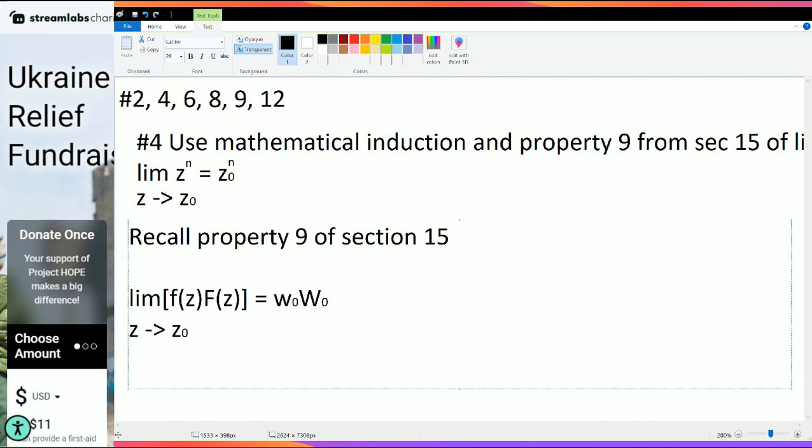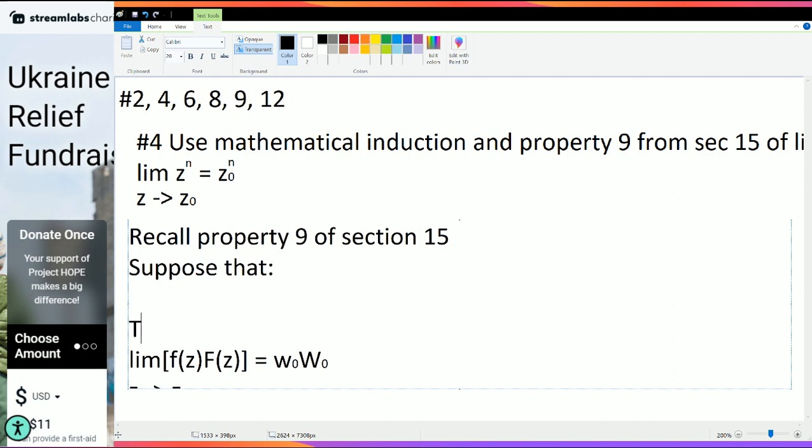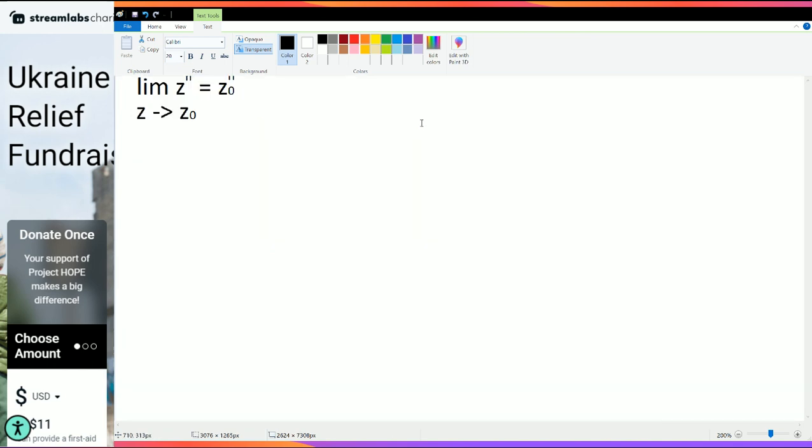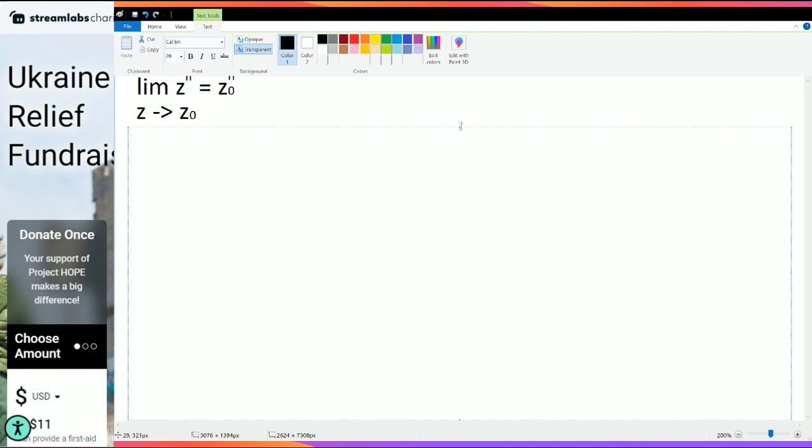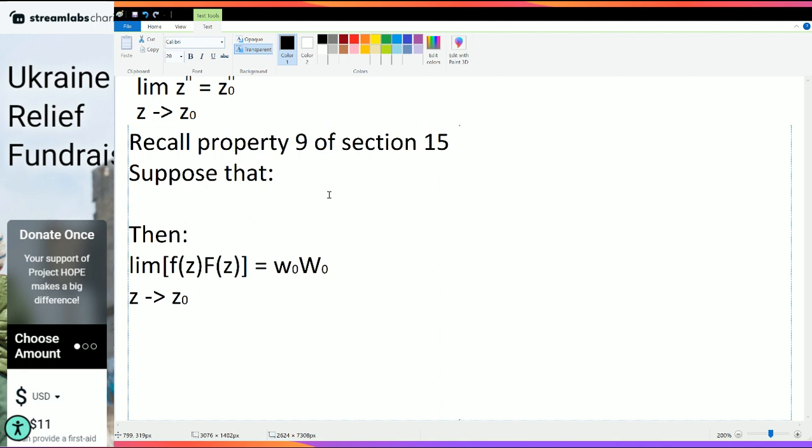Suppose that the following are true, and that implies, those are going to imply this. Suppose that the limit of f of z equals w naught.